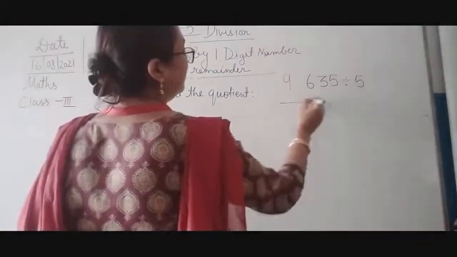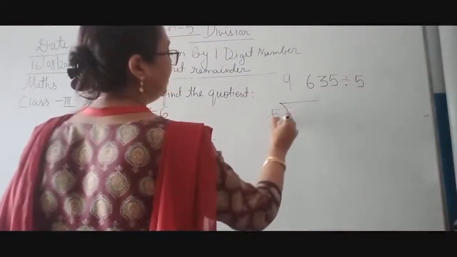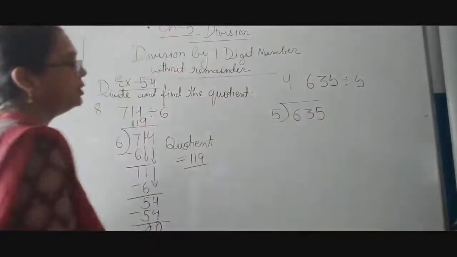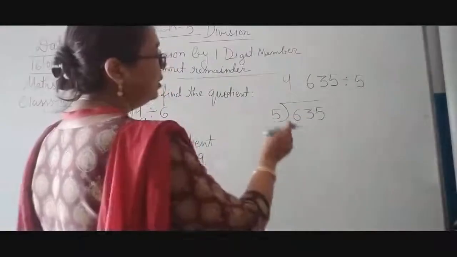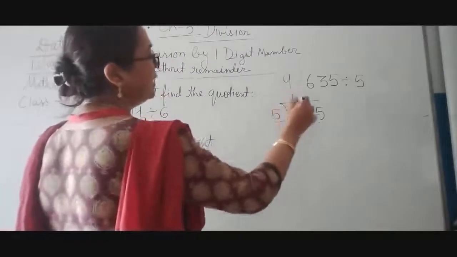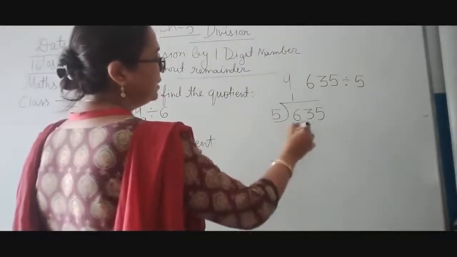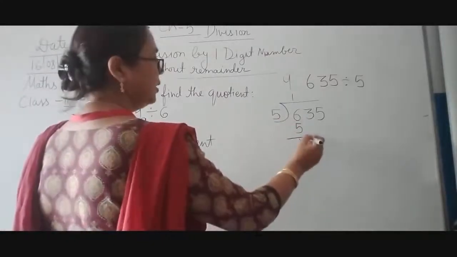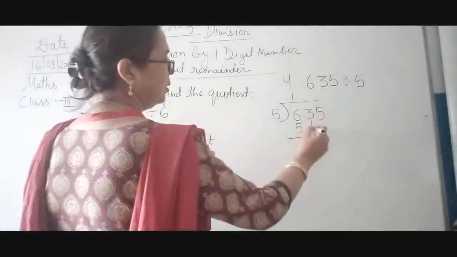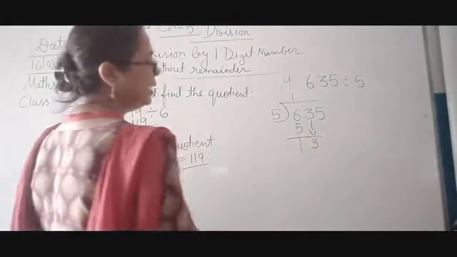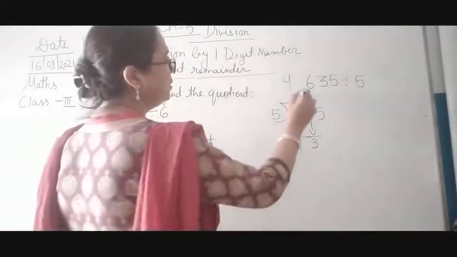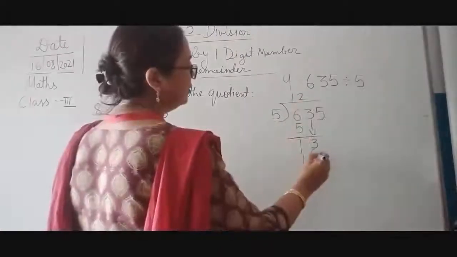So we will write over here 5, 635. Okay children. Now 5 ones are 5. First we will start with the hundreds column. So 1 we will get. Now we are going to write over here 13.